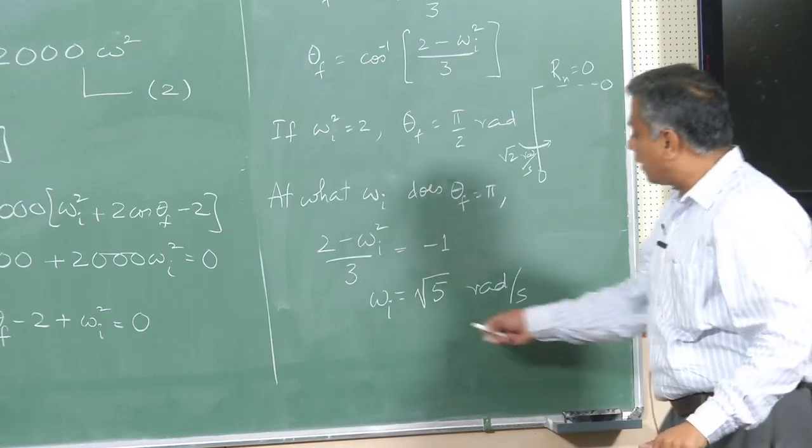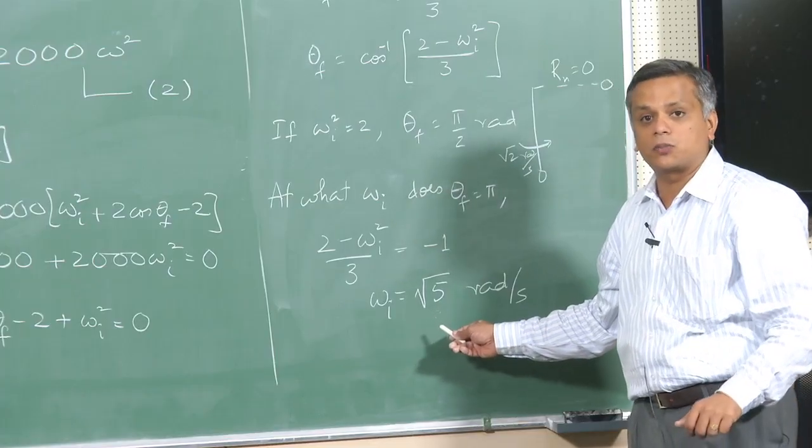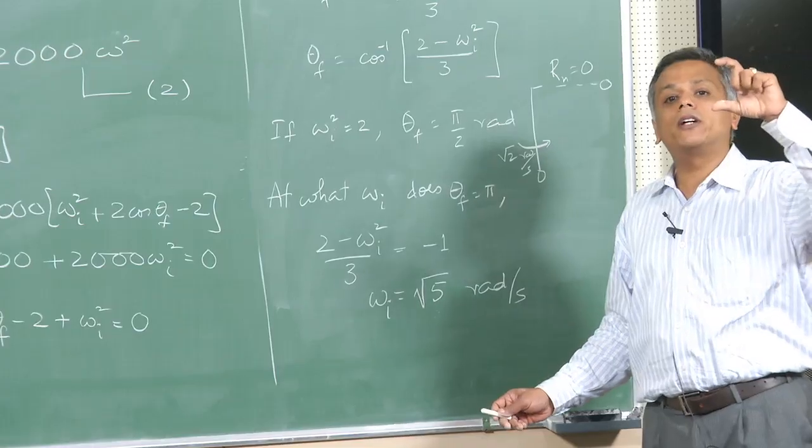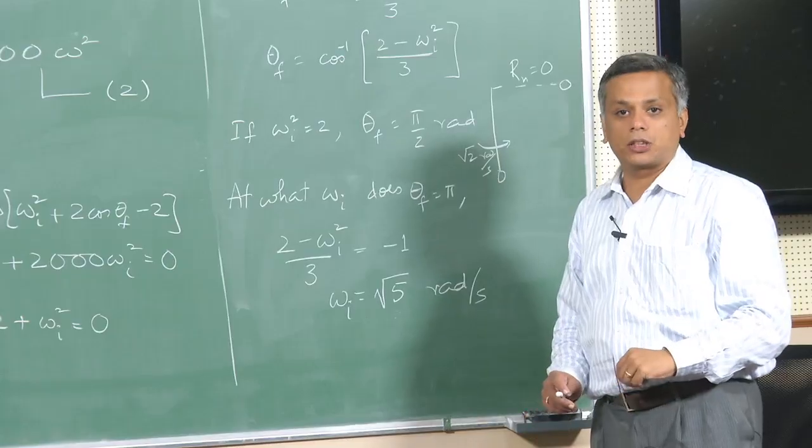So if I give an initial angular velocity greater than square root of 5 radians per second, I am assured that the bar would always remain under tension.